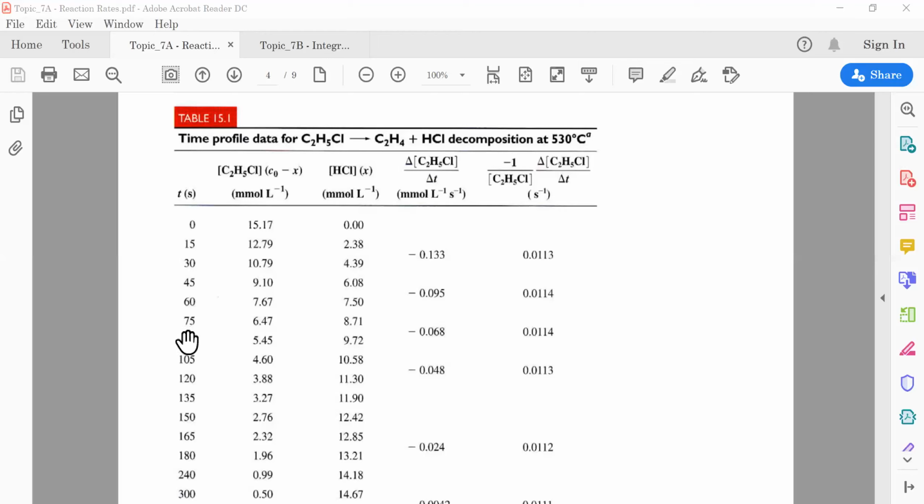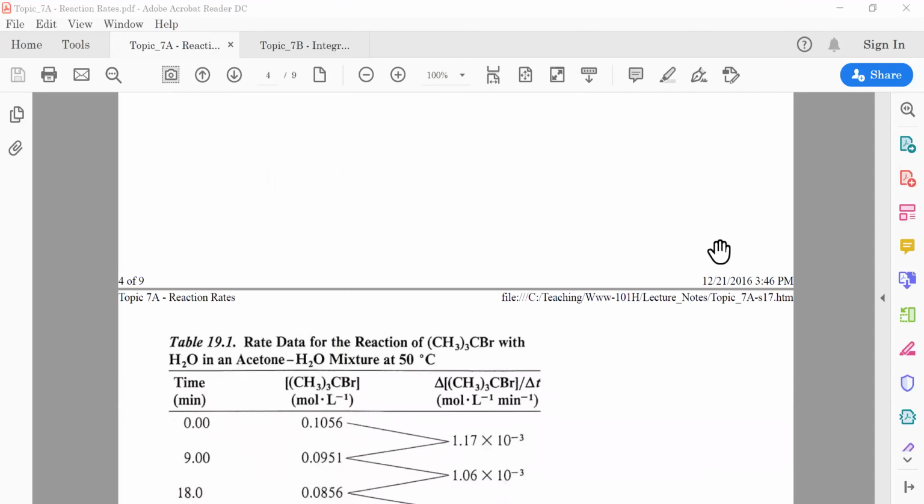Between 75 and 90 seconds, it's 0.068, and so on. The reaction rate is slowing down, and that's exactly one of the features of most chemical reactions. Of course, the concentrations of reactant are decreasing and of products are increasing, but the rate at which they're doing that per unit time is getting slower and slower. And that's characteristic of most chemical reactions, as we'll see when we quantify this.